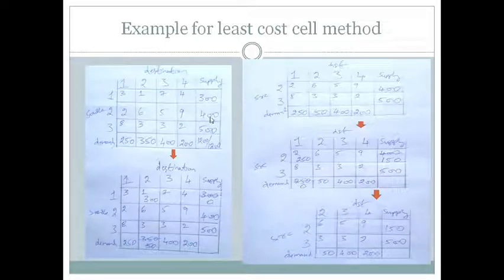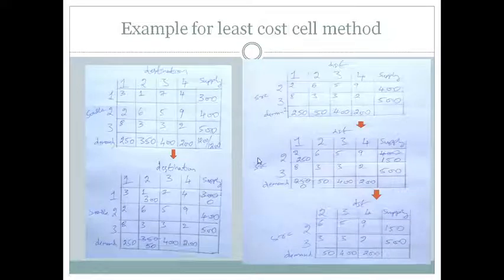So this supply value 300 becomes the x value, and I put that 300 into this C of 1 2 cell, and this x value is subtracted from supply and demand. So when it is done, the supply becomes 0 and the demand becomes 50.